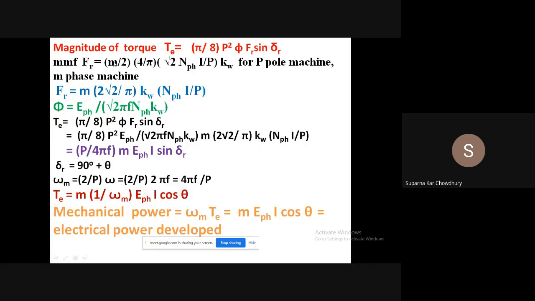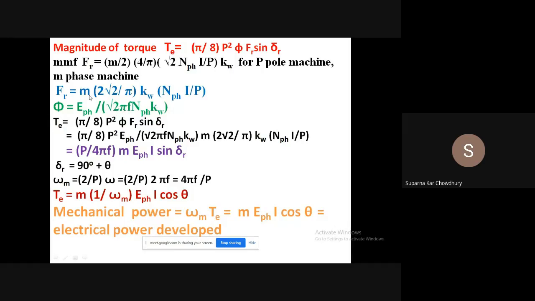That is why for a three-phase machine 1.5, or 3 by 2, was coming. So 4 by pi root 2 N phase I by p kW for a p-pole machine. Now phi, if E phase is the per phase voltage, phi is E phase divided by root 2 pi f N phase kW.